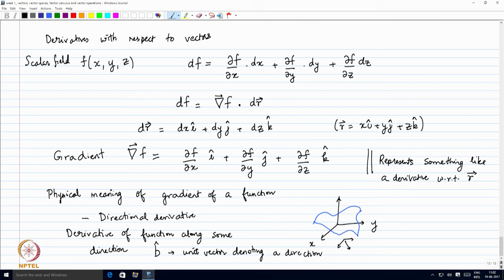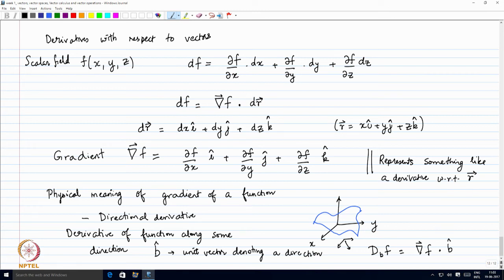So, now if you had a unit vector denoting a direction, then the directional derivative of f, I will denote this d b of f, along the direction of the unit vector b, is nothing but gradient of f dotted into b hat.